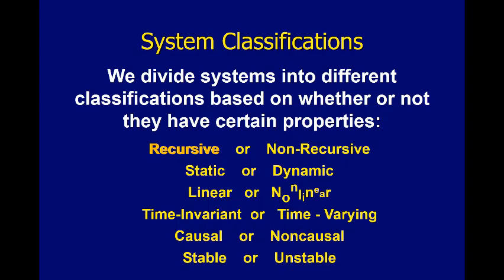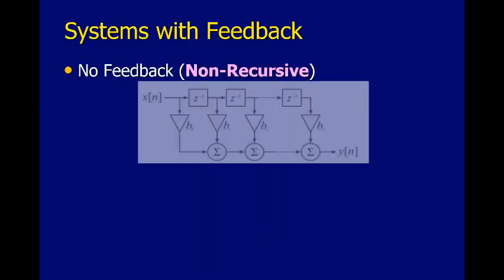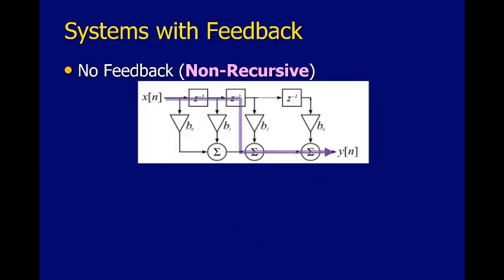All right. Let's talk about recursive. That's kind of the new one. We already looked at that. Recursive means it's got feedback. It doesn't have feedback if the output term y of n is not brought back into the computation. If there are no y of n minus something terms in there, it's non-recursive. Another name for that would be feed-forward. Take the input, maybe a delayed version of the input, do some computation on it, spit out an output.